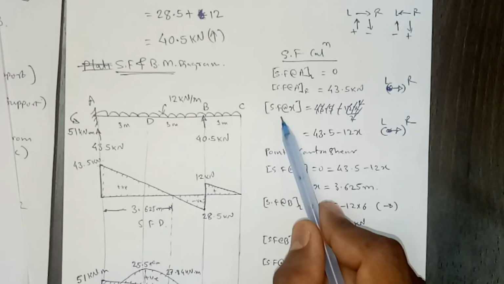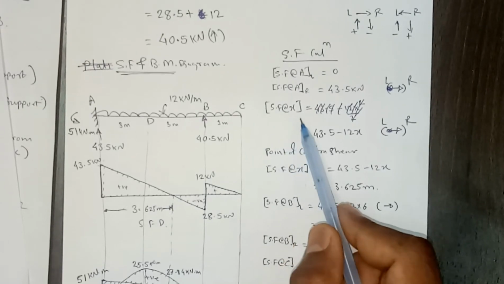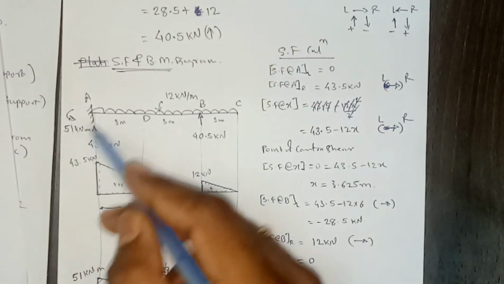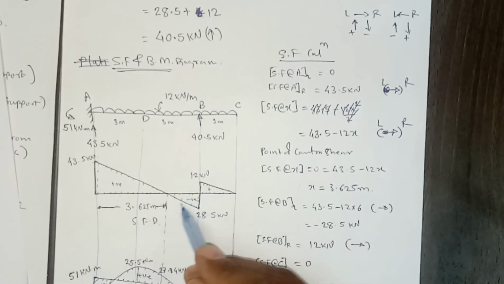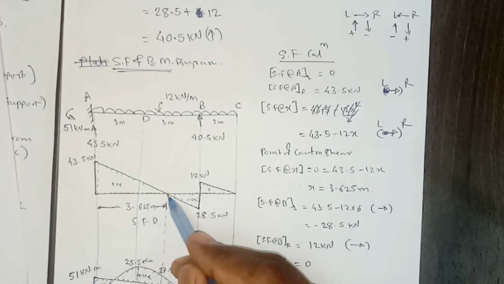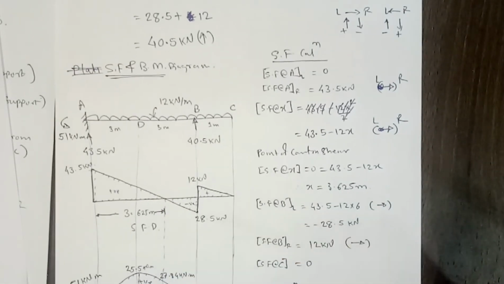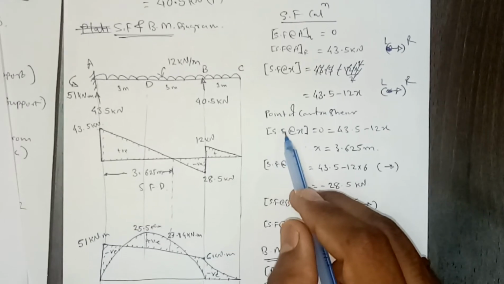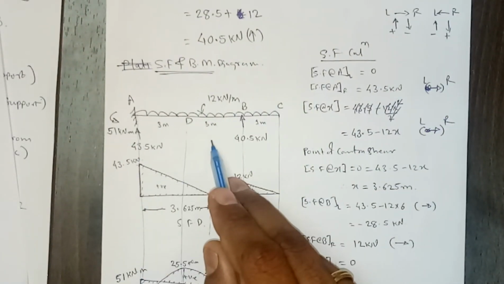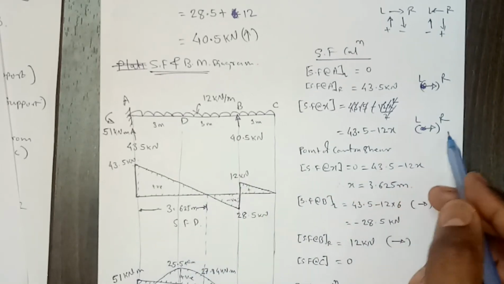43.5 kilonewton. Then at any distance x, why am I calculating it? Because I can see that this is a UDL, so there will be a point where the shear force will change its sign, and there I'll get the maximum bending moment, right? So at any distance x, we calculate shear force from left to right.